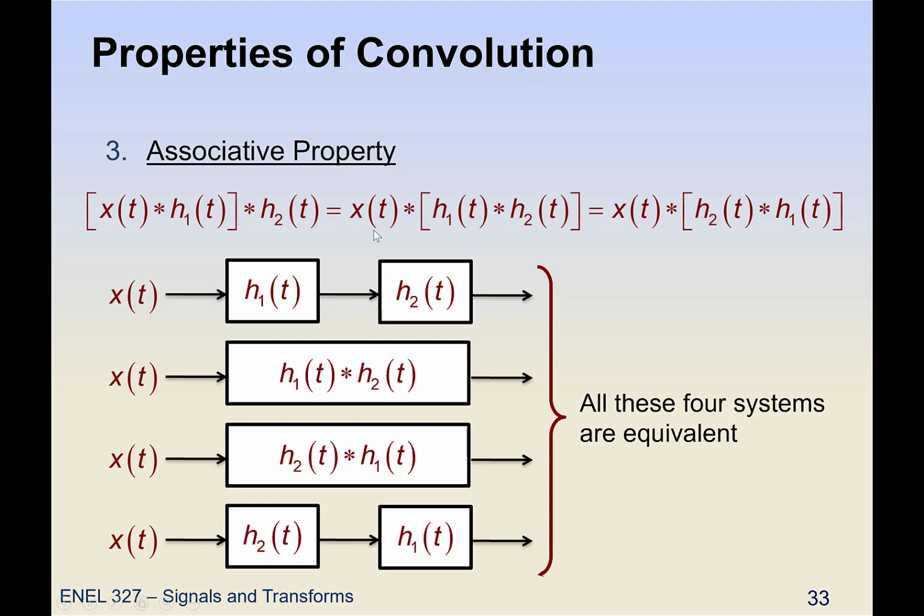Because it's associative, it can be written down like that, where we combine those two systems and then put the input in, or reverse the order of the convolutions before we put it in, or even reverse the order of the systems. All of these four systems are equivalent to each other. The only reason that's true is because they're linear and time invariant.